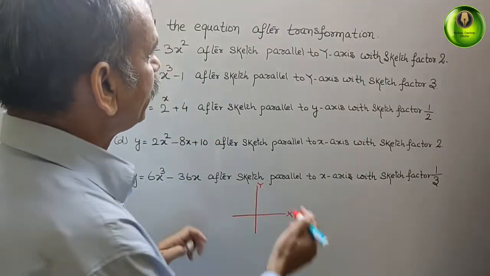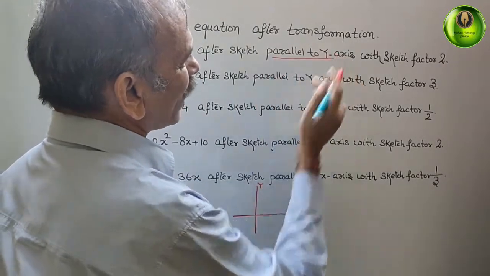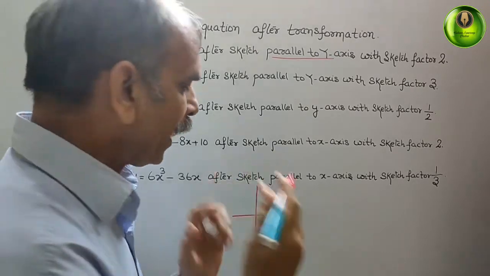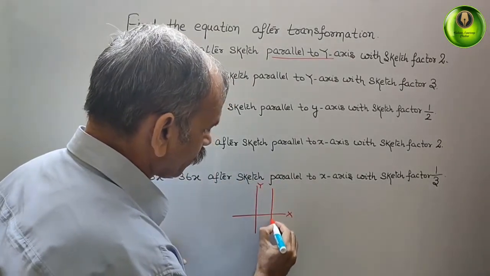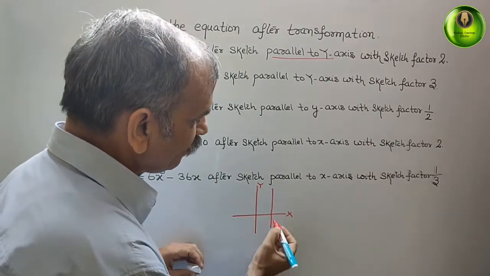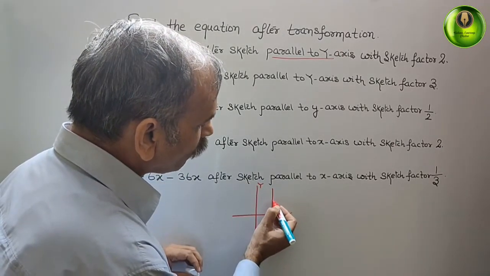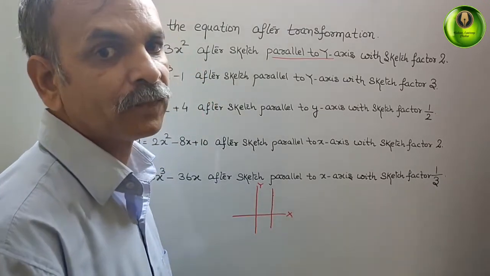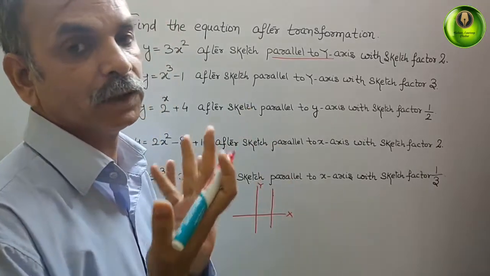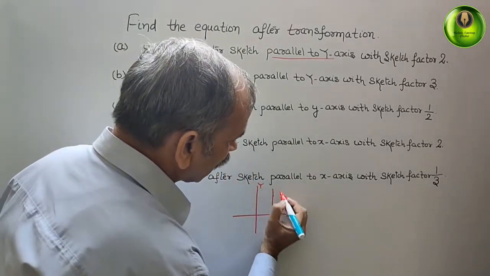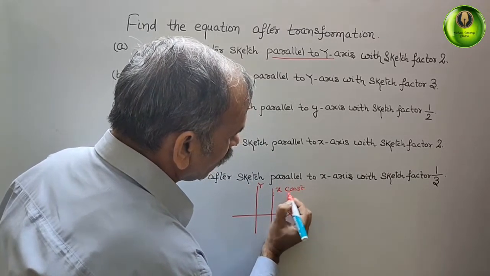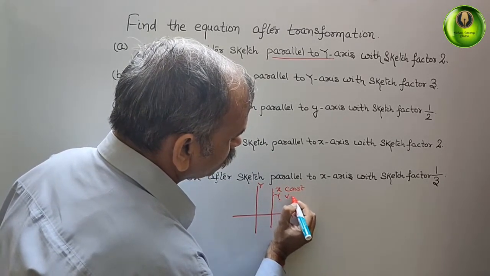Now, whenever they tell you parallel to y axis, that means suppose you draw a line parallel here or here. So what happened? You can see at every point, x is constant and y is variable.